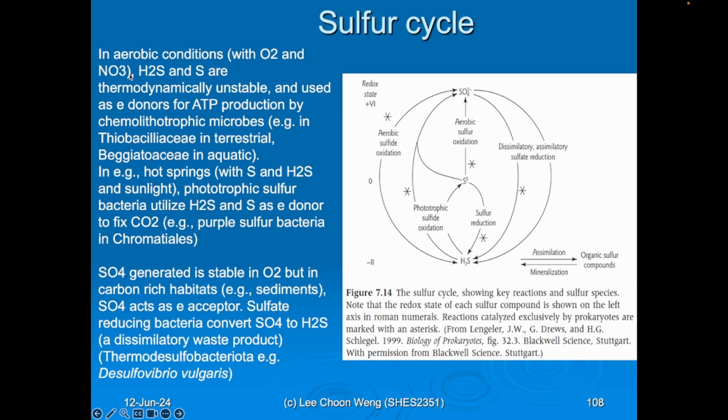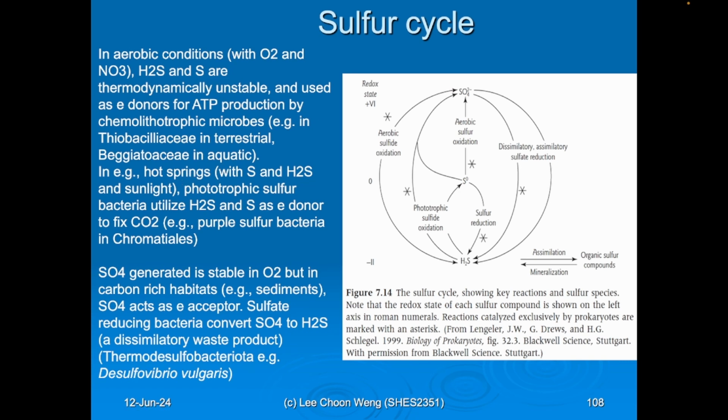So in the aerobic conditions where you have ample oxygen and nitrate, hydrogen sulfide and sulfur are thermodynamically unstable and are used as electron donors for ATP production by chemolithotrophic microbes. Okay, for example, Thiobacilliaceae in terrestrial and Beggiatoaceae in aquatic environments.